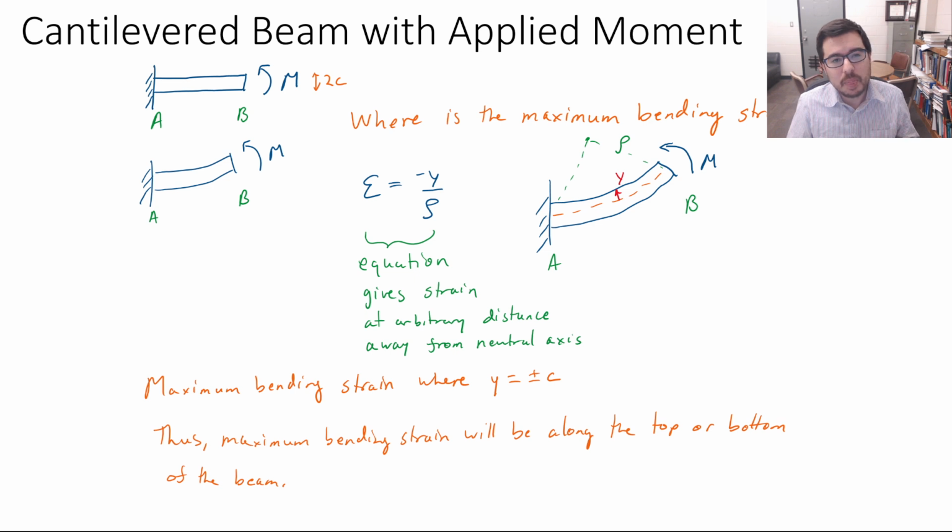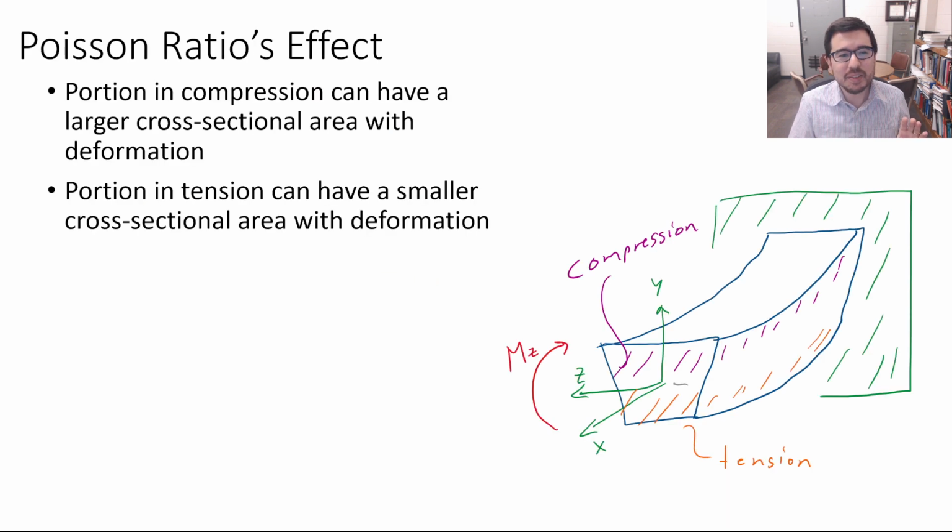Now, we suggested earlier that if you have a positive internal moment, the top goes in compression and the bottom goes in tension. Actually, we more than suggested it, we said this. And it turns out we can think about how much wider the top is going to get and how much narrower it's going to get on the bottom through the Poisson's ratio.